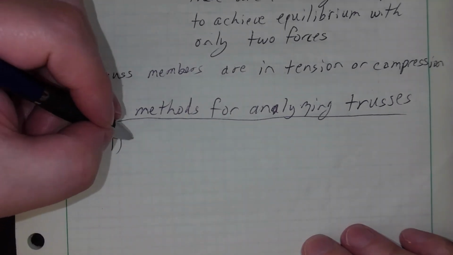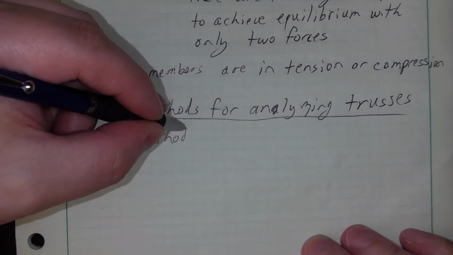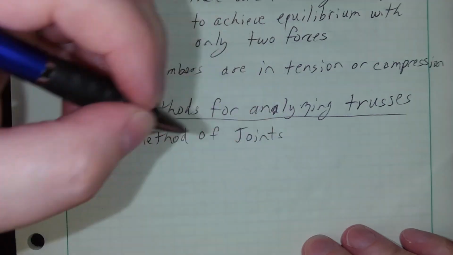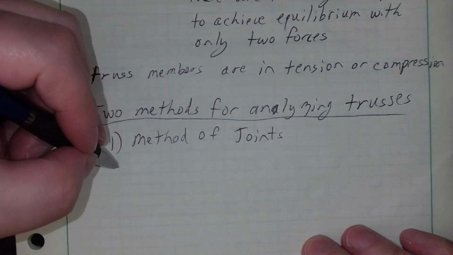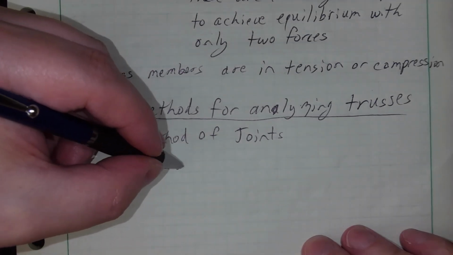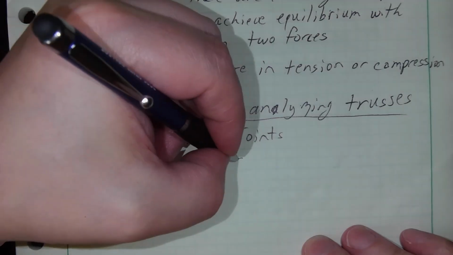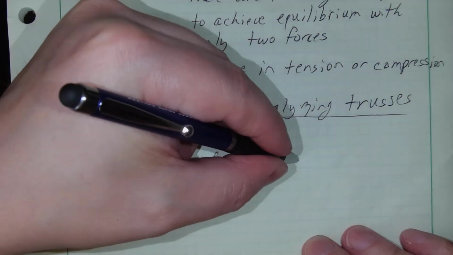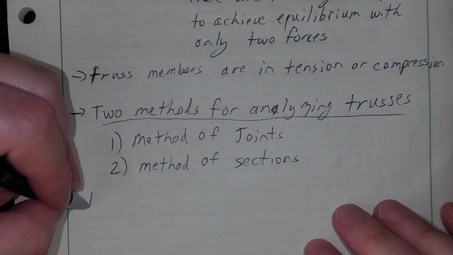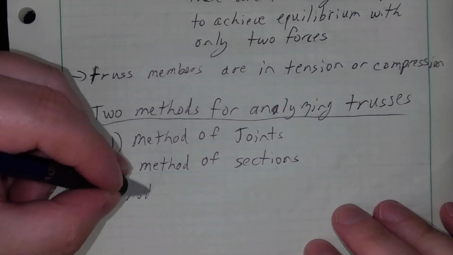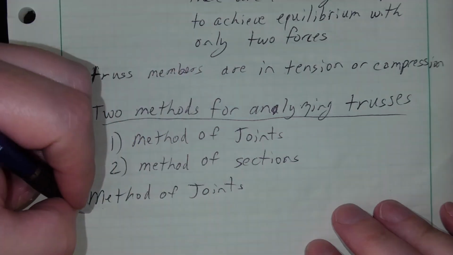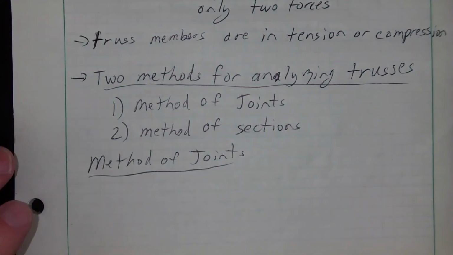One is what we call the method of joints. The second, we'll talk about later, is what we call the method of sections. So we start with the method of joints.